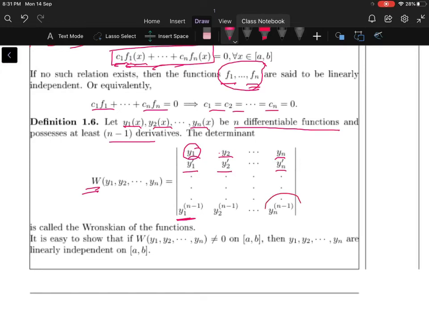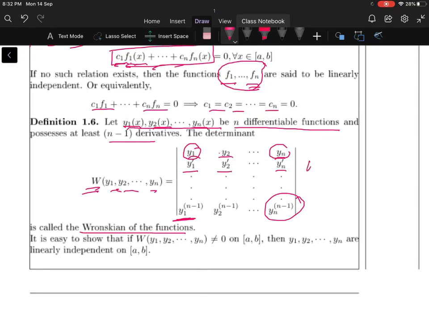So this is the n minus 1 derivative of y1, and similarly the n minus 1 derivative of yn. These functions y1, y2, yn must be differentiable at least n minus 1 times. Then only can we define this, which is called the Wronskian of the functions y1, y2, yn.